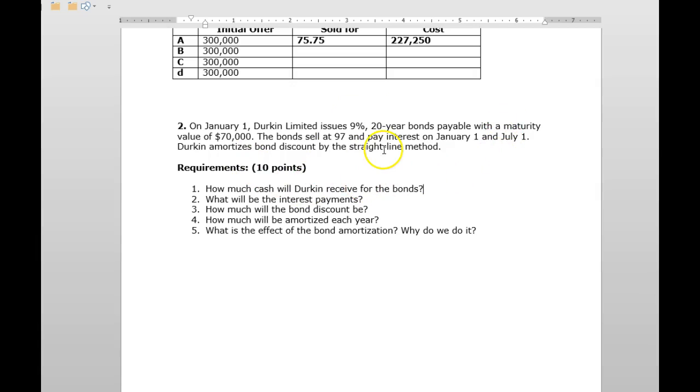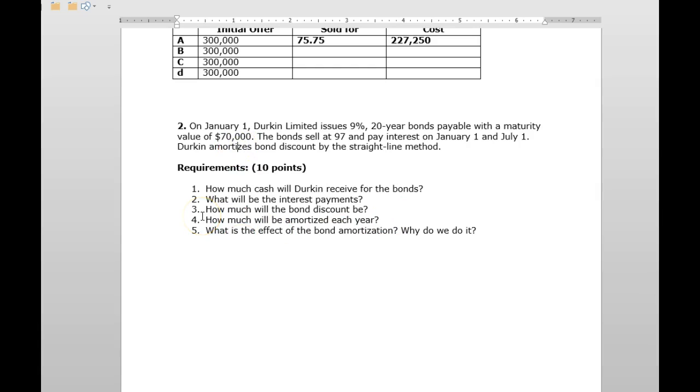You can do this one of two ways. You can multiply 9% times 70,000 and divide that by 2, or you can divide the interest rate by 2 first and then multiply it times the 70,000.